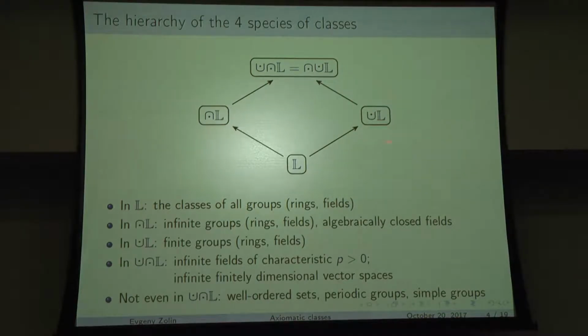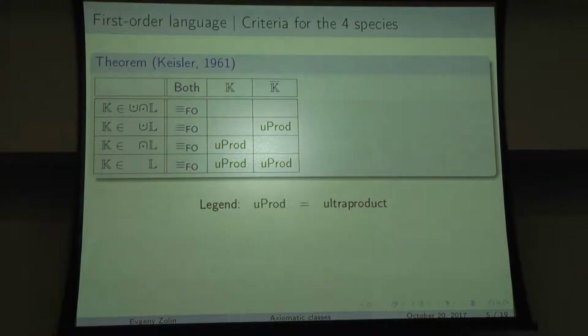In this room, we have finite groups, rings, fields, and so on. In the upper room, we have infinite fields of finite, of positive characteristic, infinite vector spaces of finite dimensions, so a bit of a mix of finite and infinite. And beyond this hierarchy, there are well-ordered sets, periodic groups, simple groups, and some others.